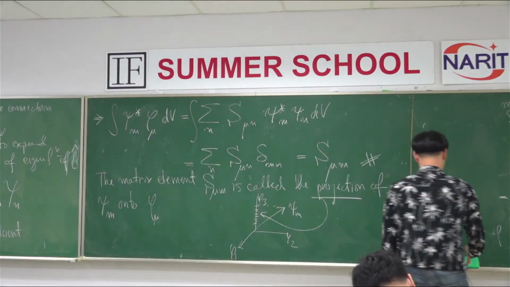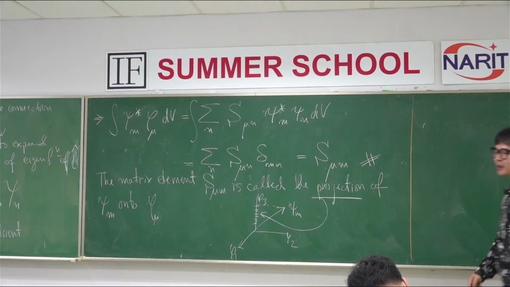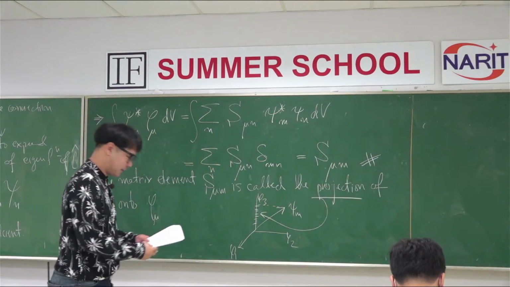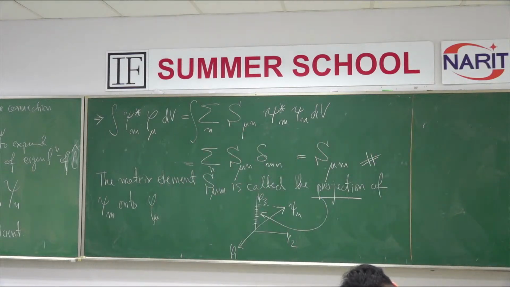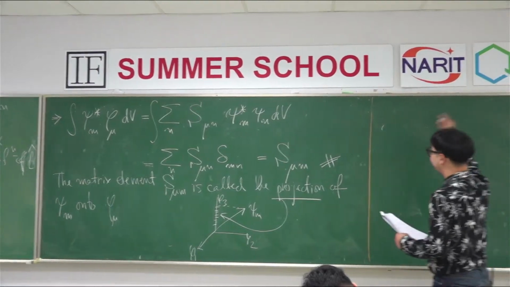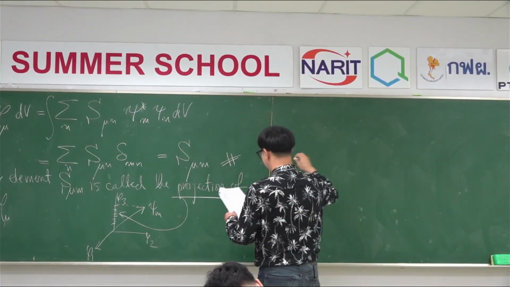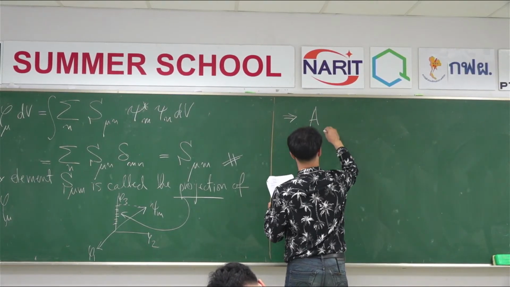But this vector space is very special, because it's not just an ordinary vector space. So let's continue. Once you get this formula, you can now look at this.